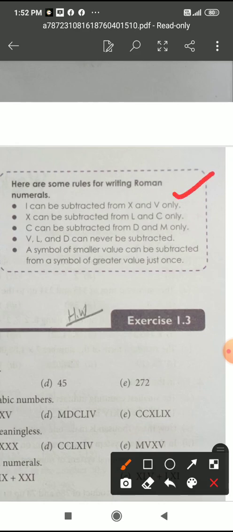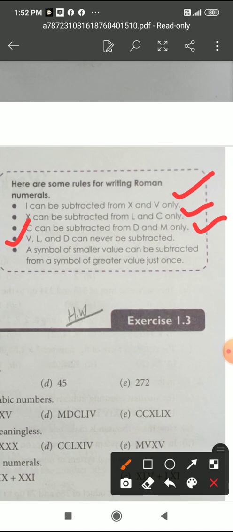X can be subtracted from L and C only. C can be subtracted from D and M only. V, L and D can never be subtracted. This is very important. You remember, V, L and D can never be subtracted.